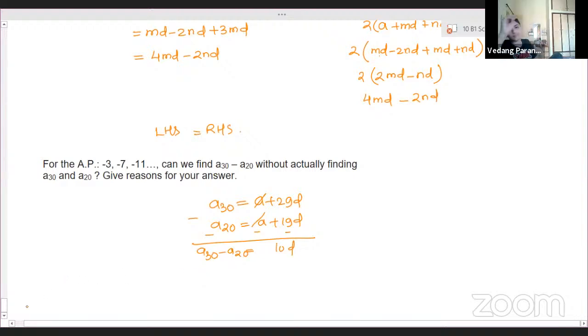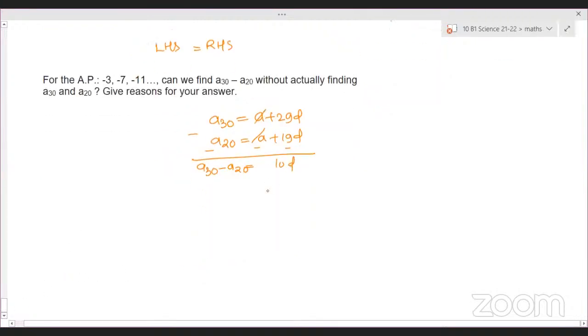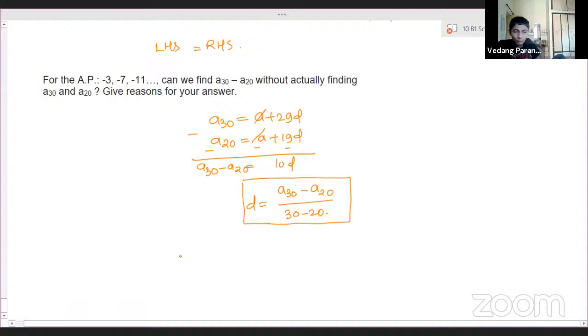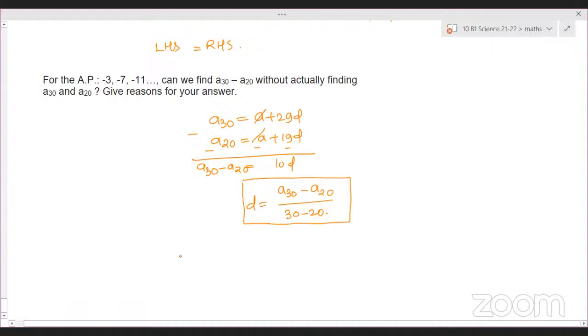Yes, ma'am. So D is equal to A30 minus A20 by 30 minus 20. If we do this, you will get the difference. Ma'am, but we have a board exam already. You can't use it in the board exam.